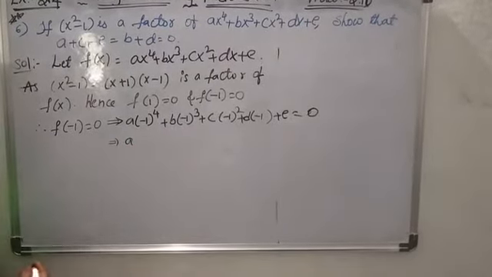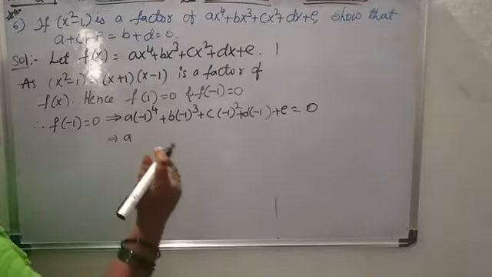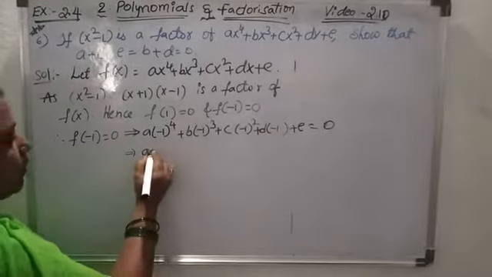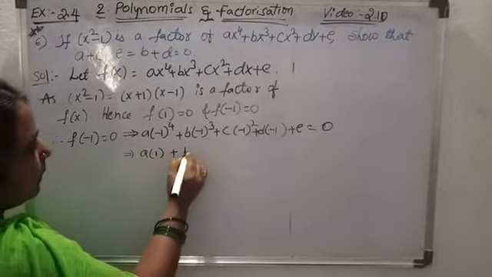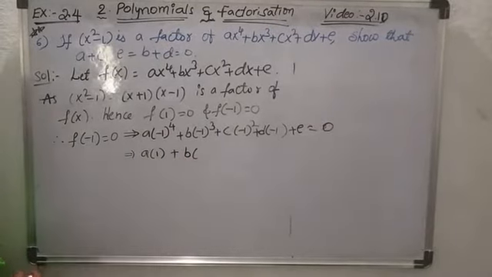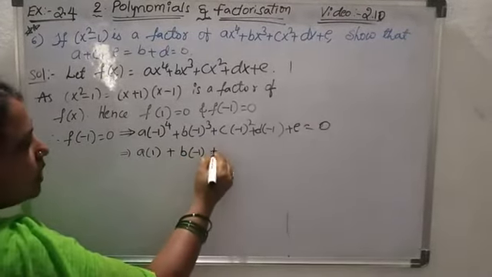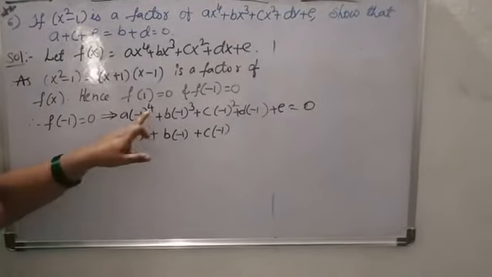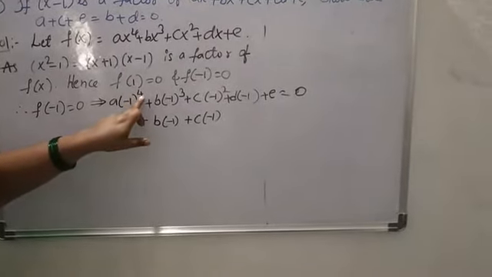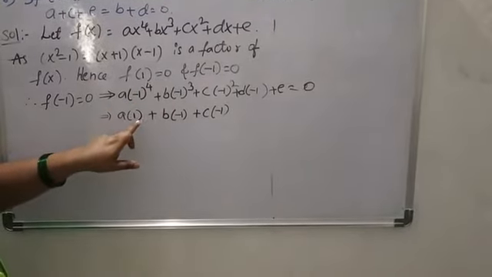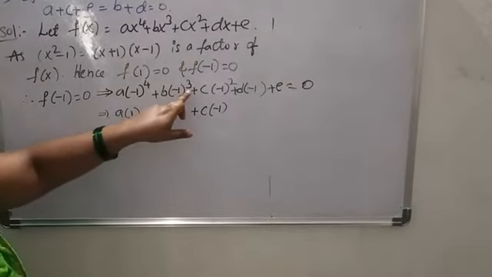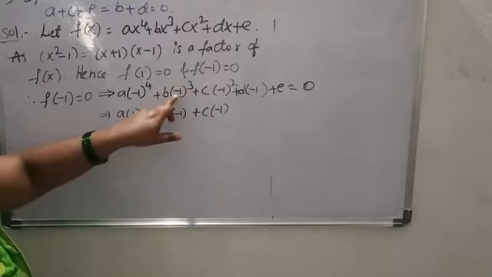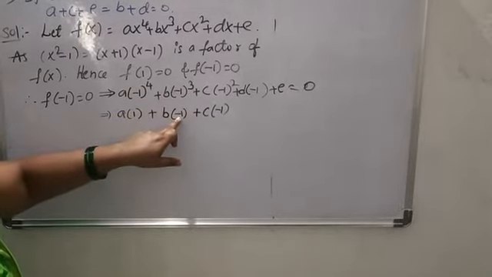Minus 1 multiplied 4 times gives plus 1. b into minus 1 multiplied 3 times gives minus 1. Plus c into minus 1 two times. So simple logic: if the power is an even number, we get a positive value. If the power is an odd number, we get a negative value.